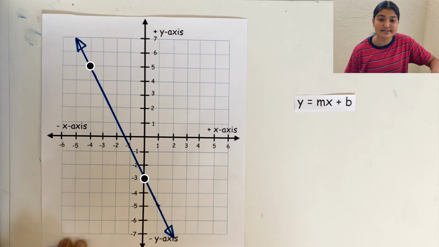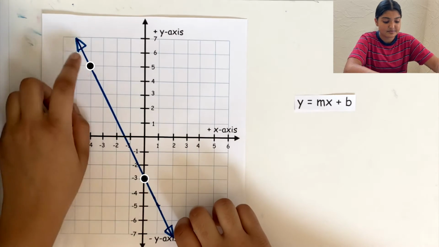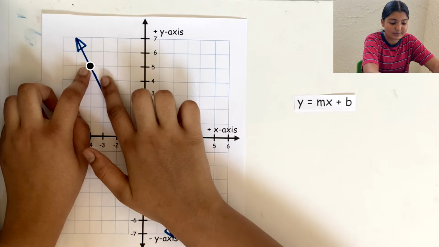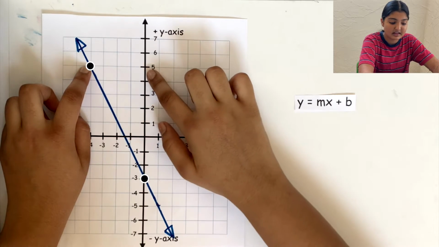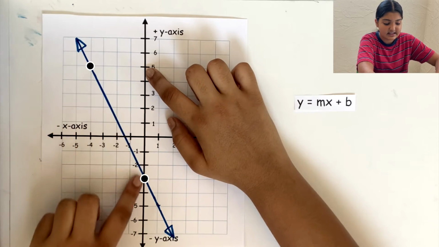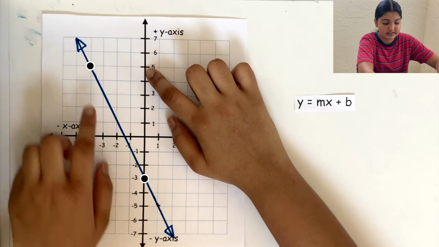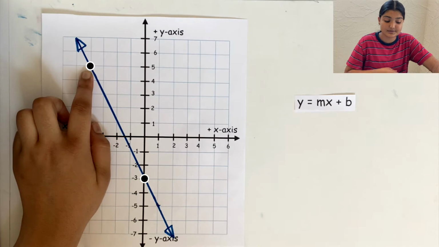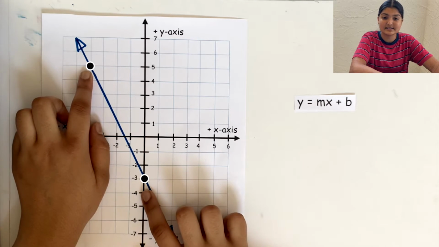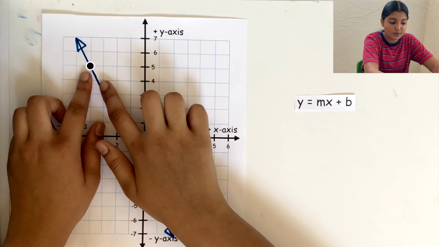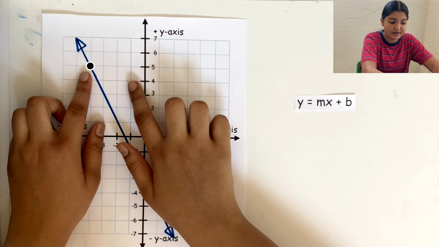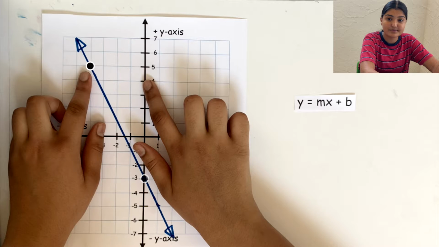Now, in order to find the slope, we have to find how far we must travel in the horizontal direction and in the vertical direction to get from this point to this point. So let's do that. 1, 2, 3, 4.